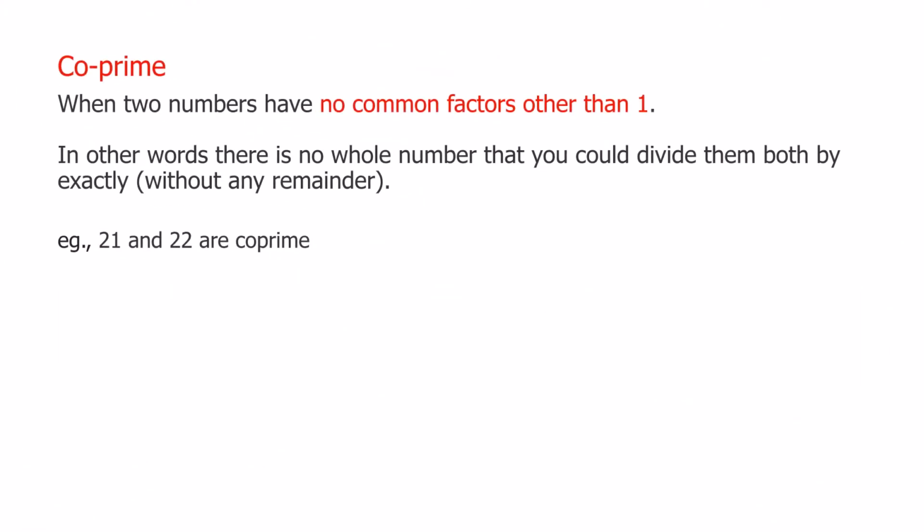Another common term we come across while doing this function is coprime. Coprime means that when two numbers have no common factors other than 1, we call them coprime. For example, I have taken 21 and 22. First of all, we'll write the factors of 21. Factors of 21 are 1, 3, 7 and 21.